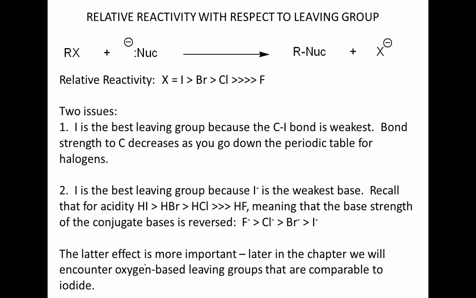Recall that for the acidity, HI was the strongest of these acids, meaning that the base strength is going to be opposite, and iodide is going to be the weakest base. This latter effect is probably more important because we're going to encounter oxygen-based leaving groups that are comparable to iodide later in this chapter.